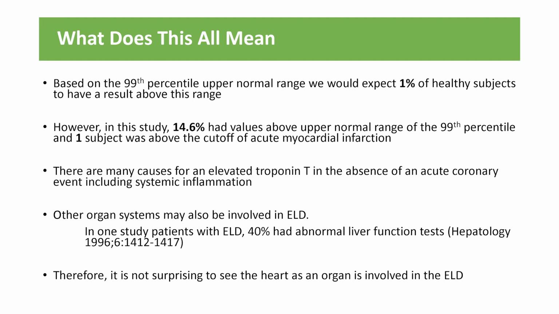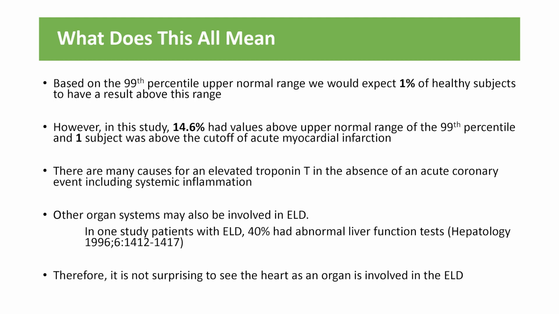There are many causes for an elevated troponin T in the absence of an acute coronary event, including systemic inflammation. Other organ systems may also be involved in early Lyme disease. In 1996, one study of patients with early Lyme disease found 40% had abnormal liver function tests.